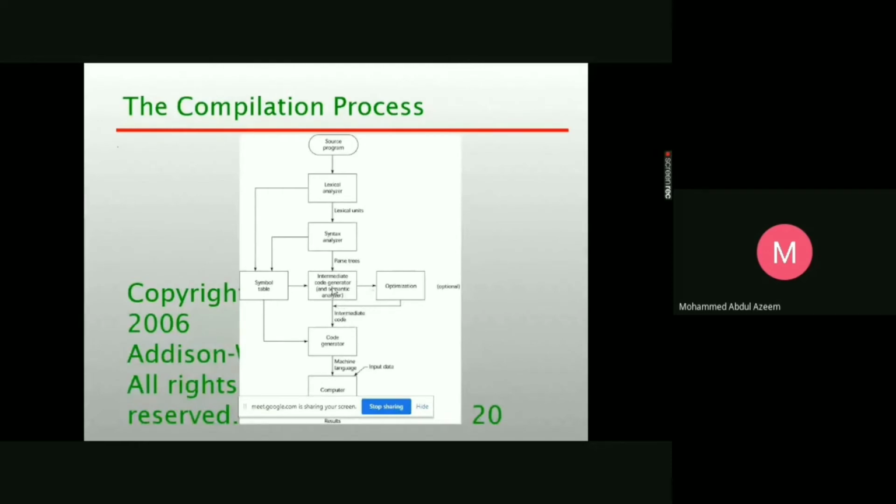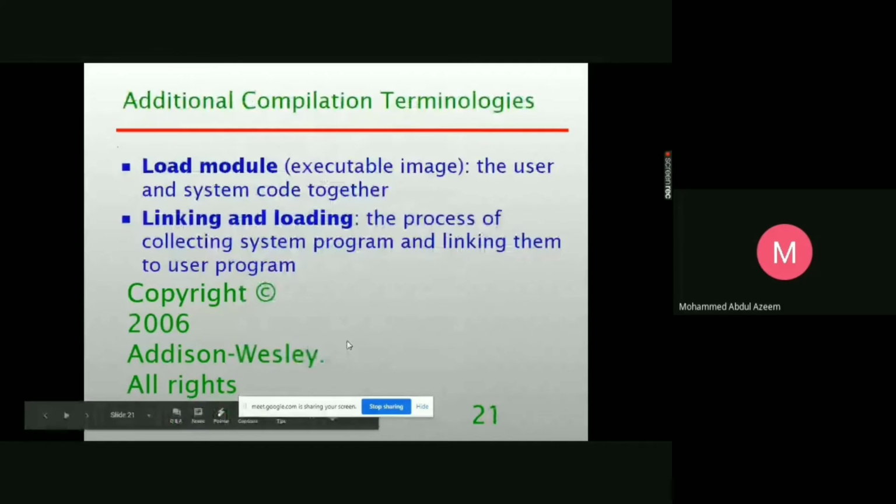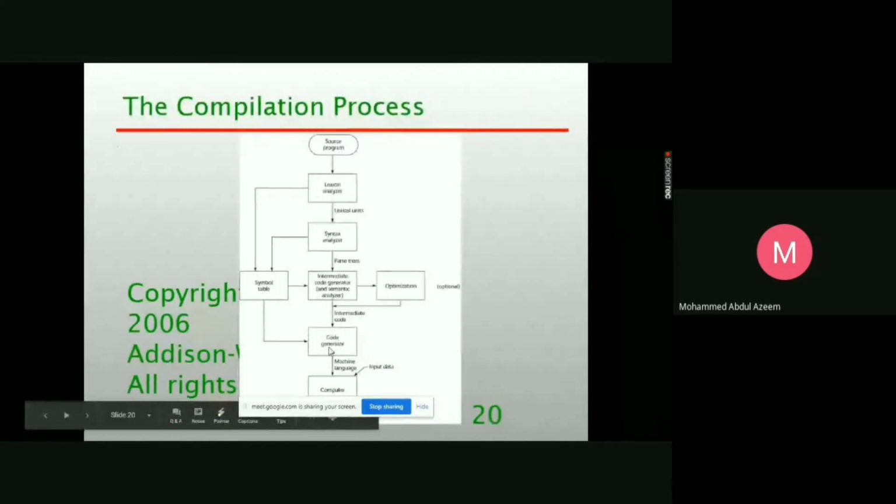This intermediate code generator works in conjunction with the symbol table and optimization to provide an intermediate code. This intermediate code is given as input to the code generator. The code generator then converts the intermediate code into machine code, which can be directly understood by the computer. Then the computer provides the result.